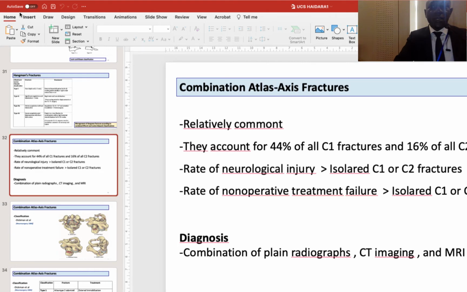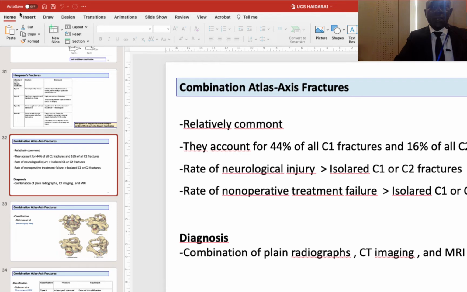Okay, the last type of lesion is a combination atlas and axis fracture. They are relatively common, and they account for 44% of all C1 fractures and 16% of all C2 fractures. The rate of neurological injury is superior to isolated C1 or C2 fracture.